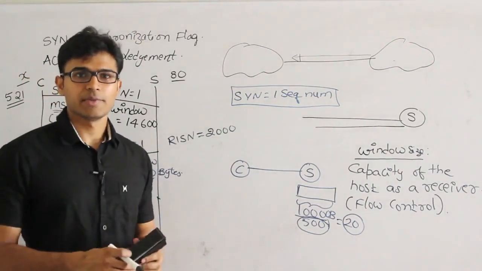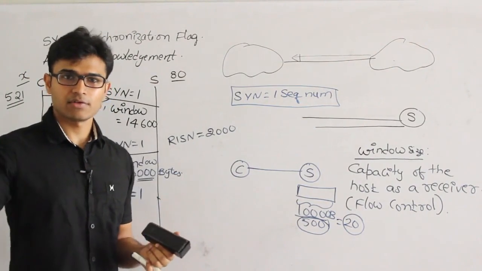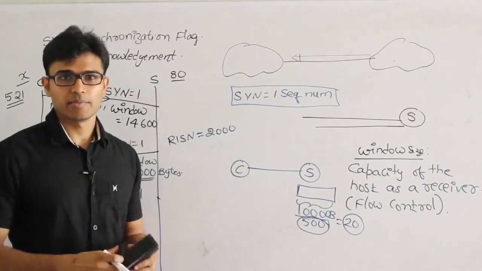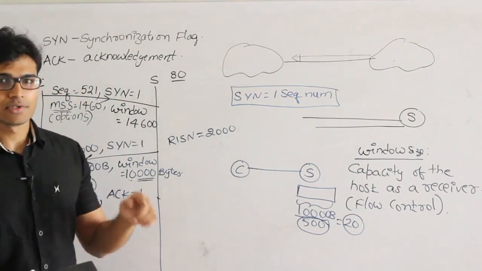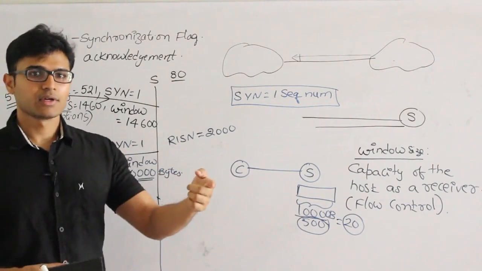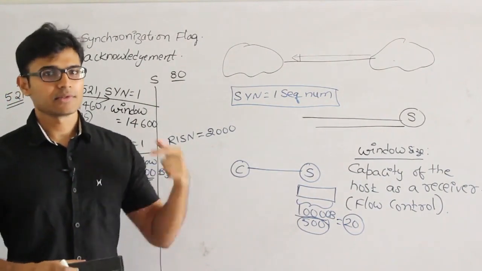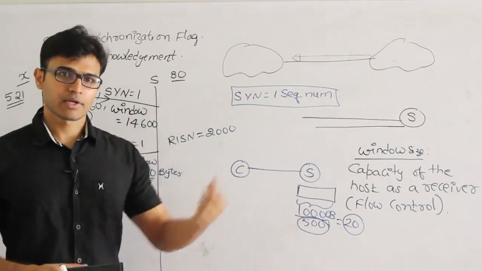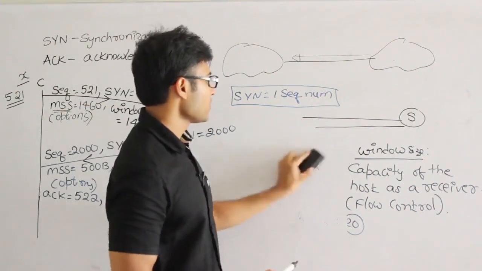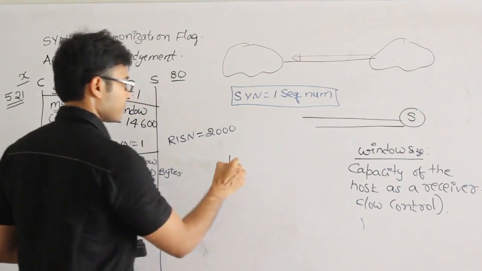So just remember that on every packet we are going to put the acknowledgement number on the header. It is also called piggybacking. Piggybacking means whenever you are sending some packet, on that data packet itself you put the acknowledgement. Therefore TCP uses piggybacking acknowledgements. Piggybacking means on the data you can put acknowledgement, or sometimes it will send only a pure acknowledgement.